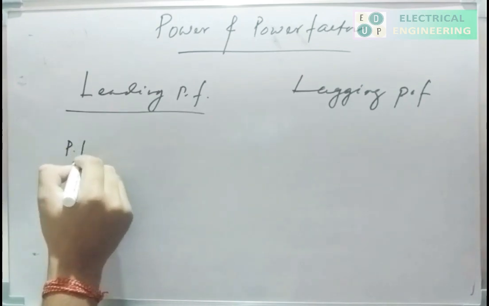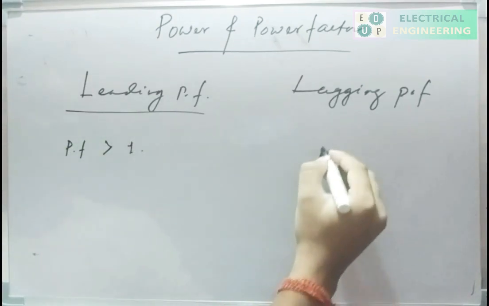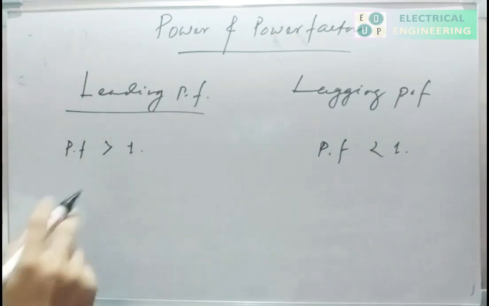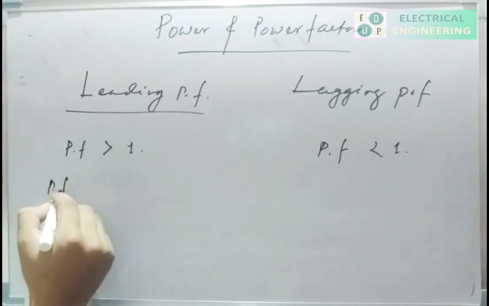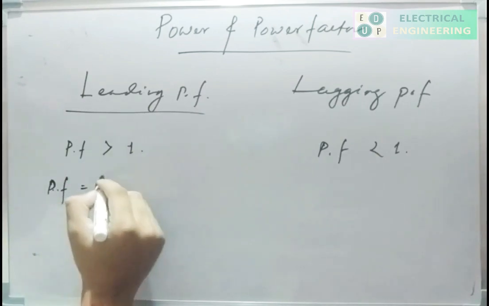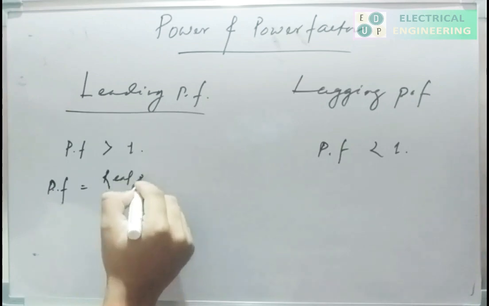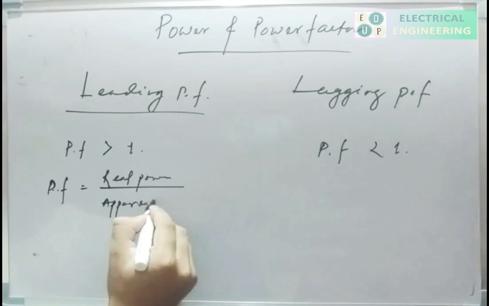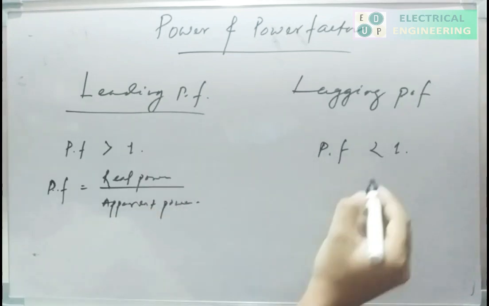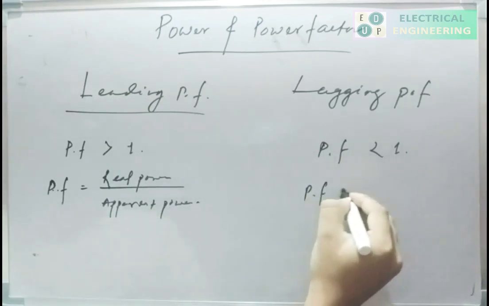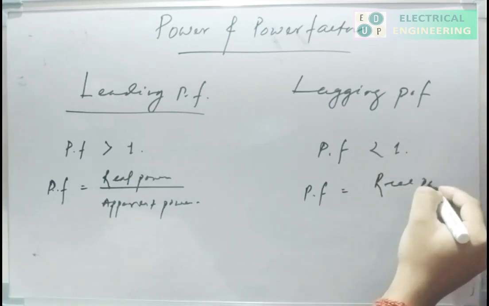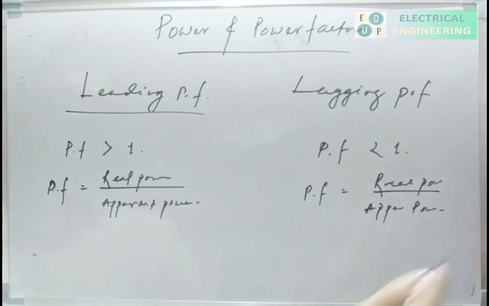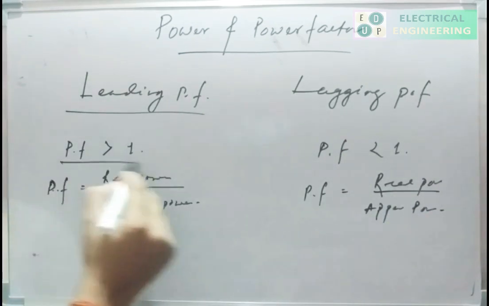When power factor is greater than 1 it is a leading power factor, and when power factor is less than 1 it is a lagging power factor. Power factor is greater than 1, what does it mean? Power factor equals real power divided by apparent power.